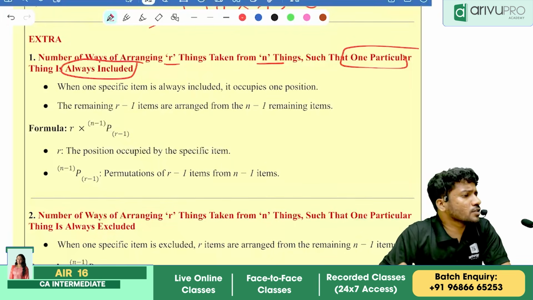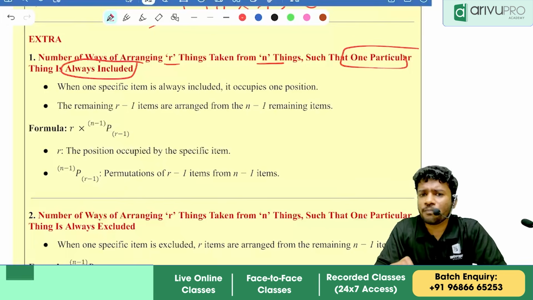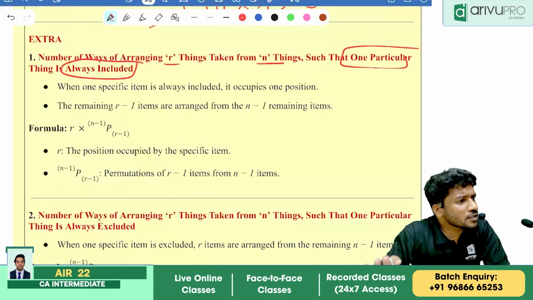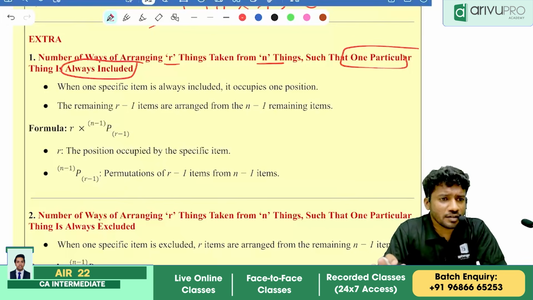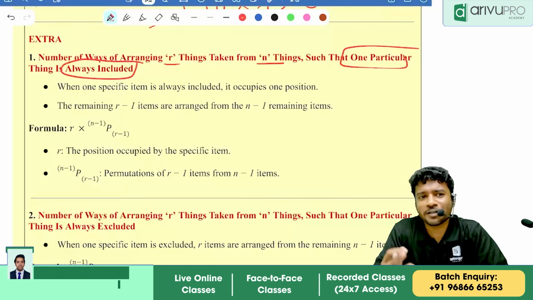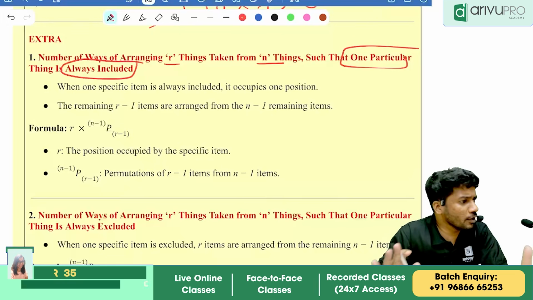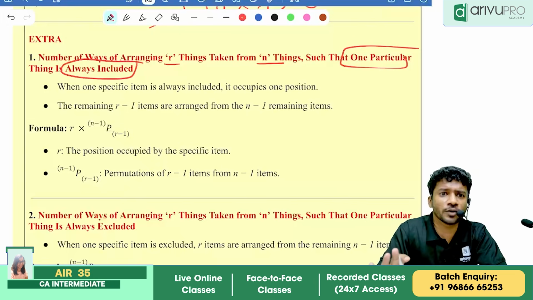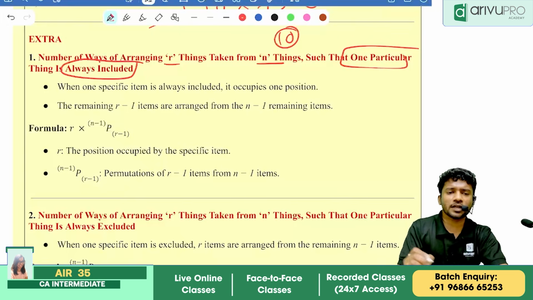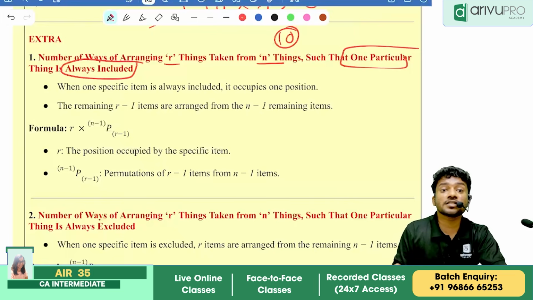One particular thing is always included means what? One person is always there, like Gill in one day cricket. Even form in or form out, he will be there. Gill will be there. One person is always included. That means the rest, how many people are there in the team? 10 people. Such type of question.